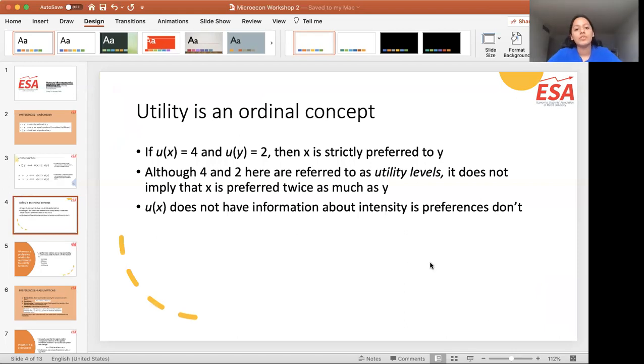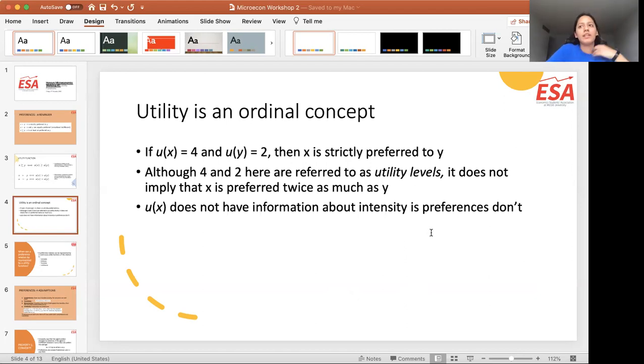Moving on, utility is an ordinal concept. For example, if the utility you gain from X is equal to 4 and the utility you gain from Y is equal to 2, then X is strictly preferred to Y. But even though 4 and 2 are referred to as utility levels, it doesn't mean that X is preferred twice as much as Y. We don't know the intensity of preferences and utility.